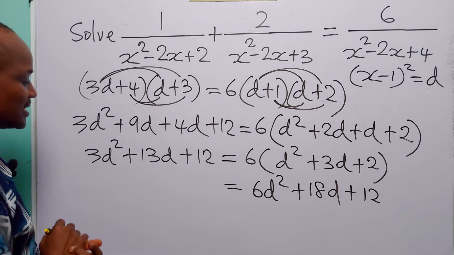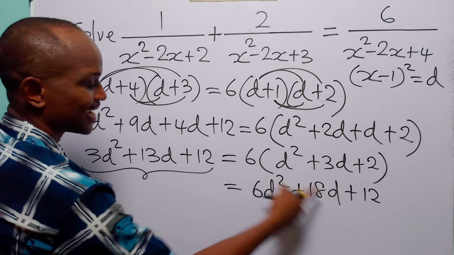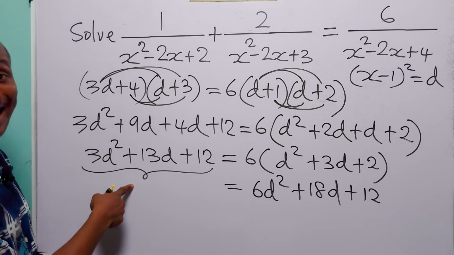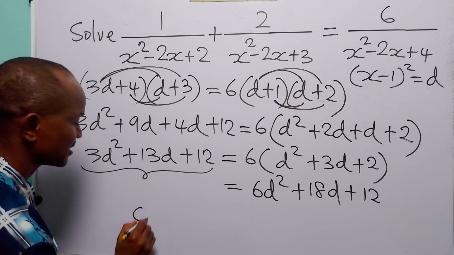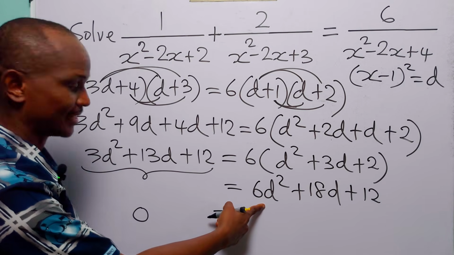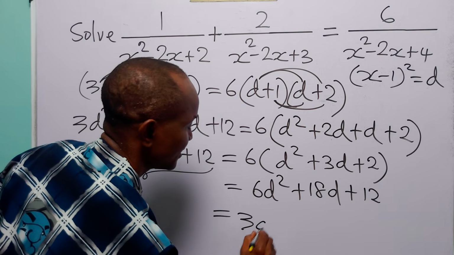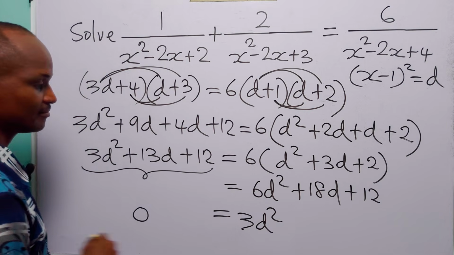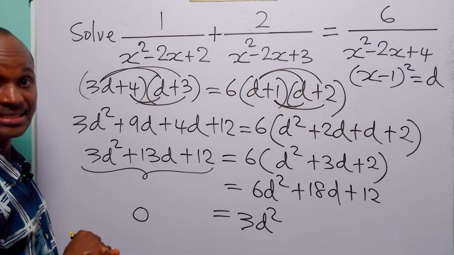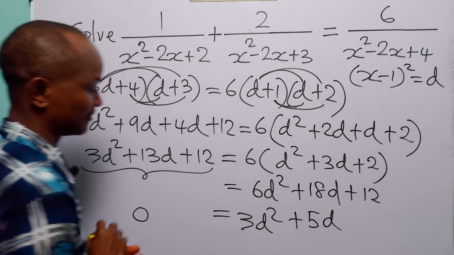Now, what we are going to do is that we will subtract these three terms from both sides of this equation. Of course, when we subtract this from the left-hand side, all we have left is 0. And this is equal to, now 6d squared minus 3d squared is going to give us 3d squared. 18d minus 13d is going to give us 5d.